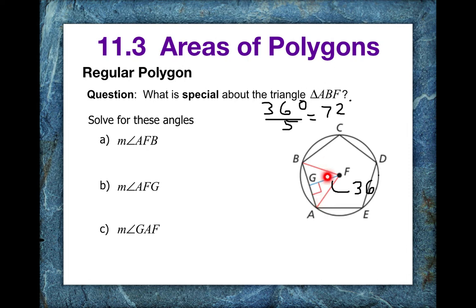And since this takes up 72 degrees, then each one of these base angles is going to be 54 degrees. In answering the questions AFB, AFG and GAF, I'll let you come up with the answers to those.